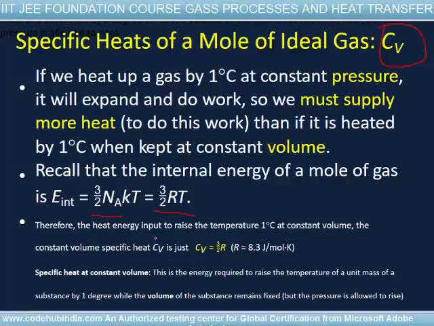And therefore the heat energy for the rise of temperature at constant volume, the constant value Cv is given by, you have to keep it in your mind, Cv equal to 3 by 2 R. This is for the ideal case.